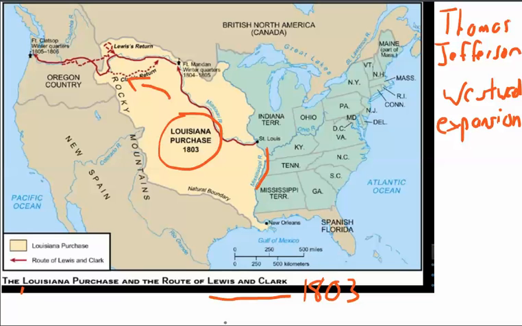Now, of course, there's Native American tribes out west that we're going to come into conflict with, but this doubled the size of the United States of America. And the story of American history in much of the 1800s, especially in the first half of that century, is the story of the American people settling the Louisiana Purchase.